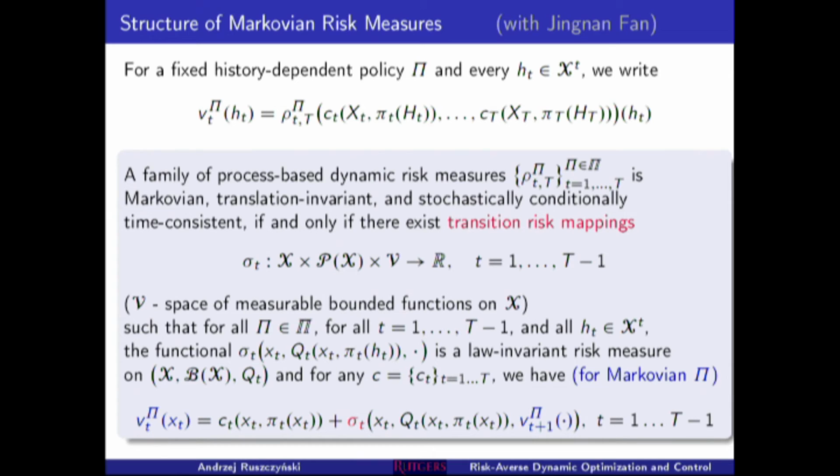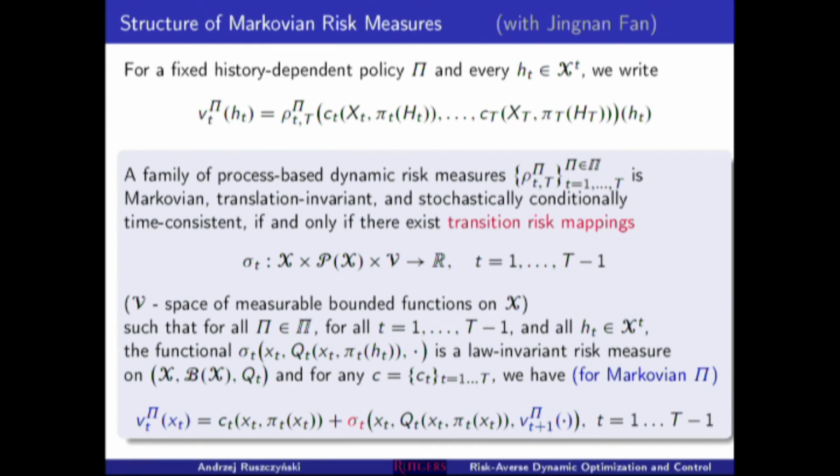Therefore, in Markov models, instead of dealing with these complicated conditional risk measures that take the whole tail of the sequence and map it back to the current space, it is sufficient to specify these transition risk mappings. These are static risk measures on the space of functions of the state. So they don't completely depend on time. At any time, we have the same space, the space of functions of the state.